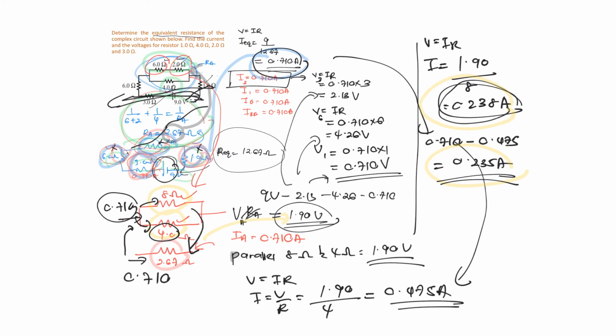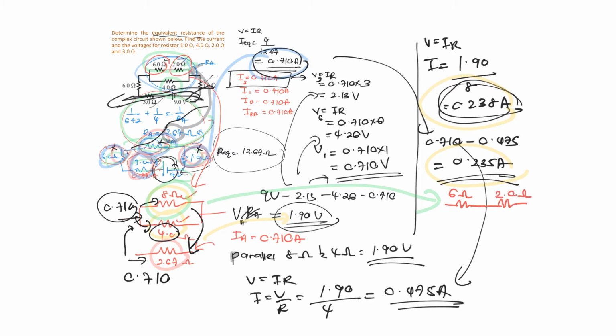Now for the 8 ohm here, you are going to break it into 6 ohm and 2 ohm. That's the reason why I said you open it one by one. You reverse back, so here is 6 ohm and here is 2 ohm.